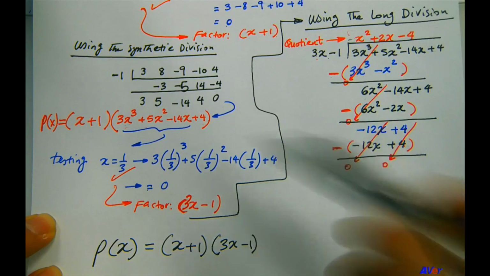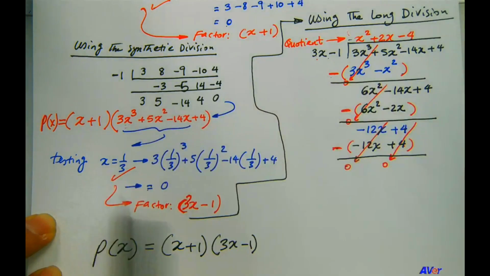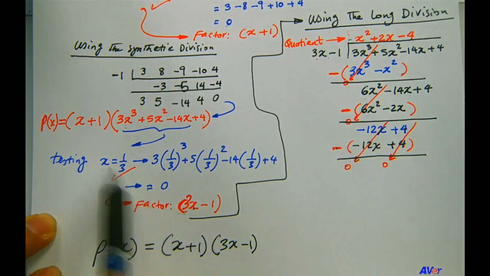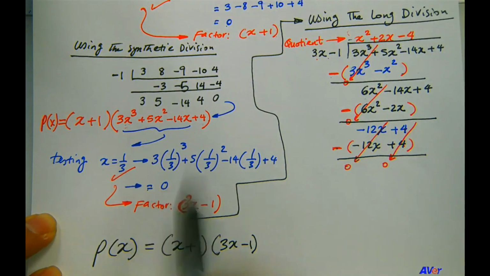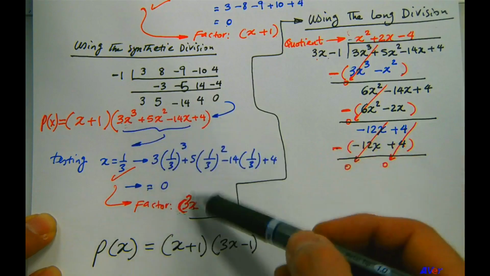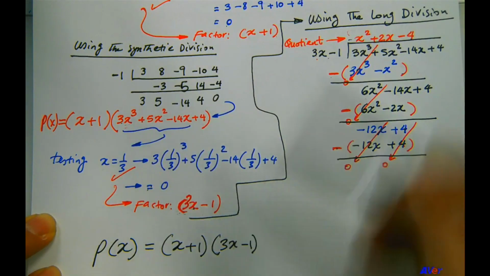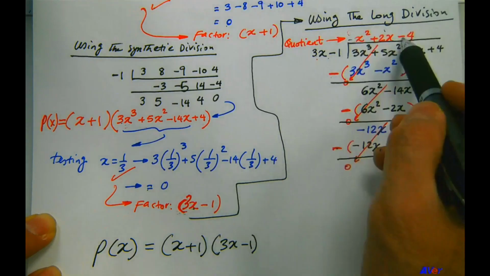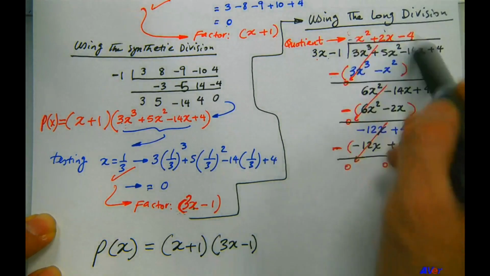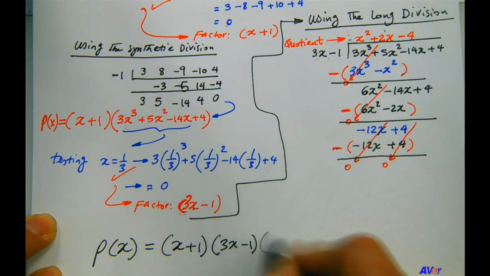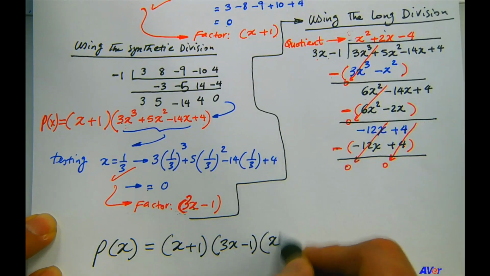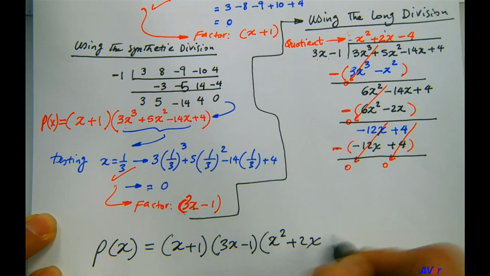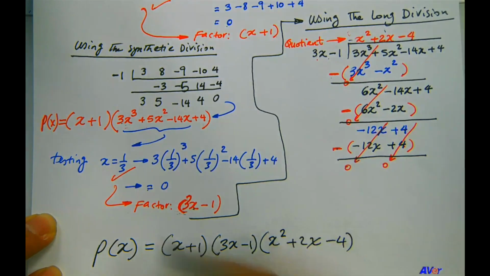So all of this is our next factor. So let's write it down. x squared plus 2x minus 4.